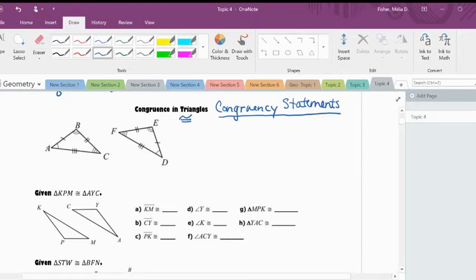So angle A matches angle D, and we know that because we have one mark here and we have one mark here. We know that angle B is the same as angle E because they each had 2 marks on the angle.